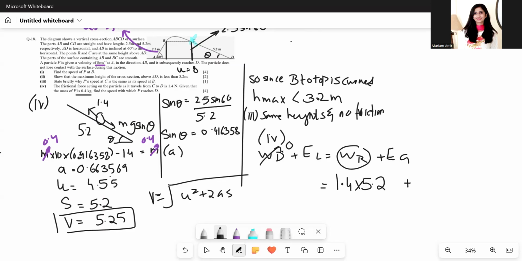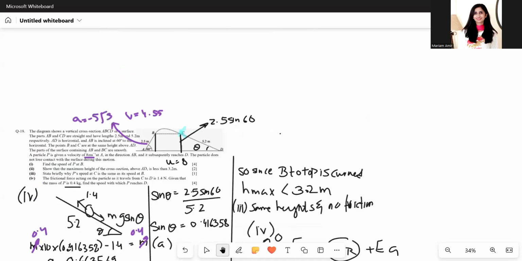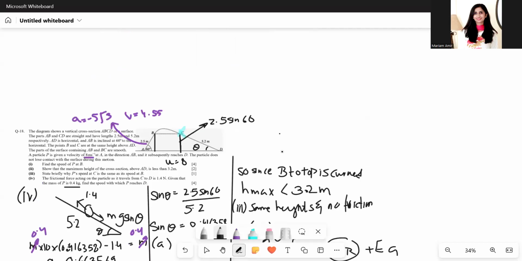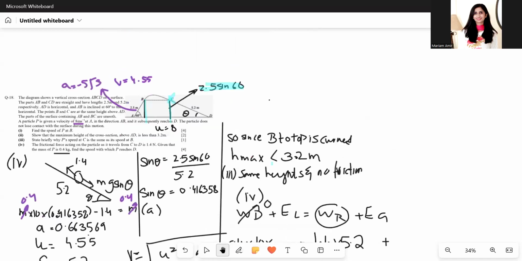Okay. Loss in energy is the potential energy loss because from C to D, height is decreasing. So we'll do mgh. So m is 0.4, g is 10, and the height was the same like discussed before. The height is still 2.5 sine 60 from here. So instead of 8, I'm writing 2.5 sine 60.